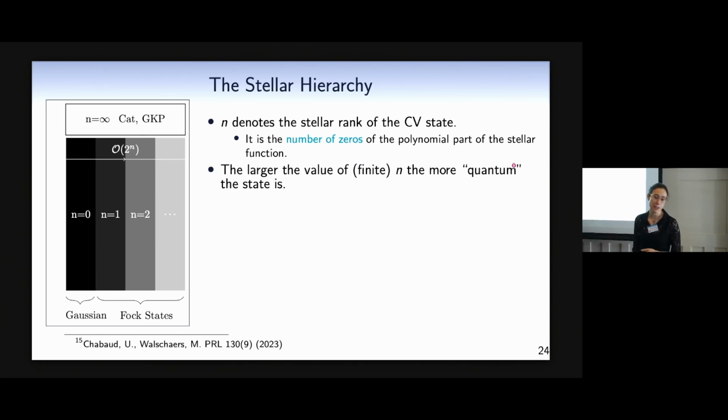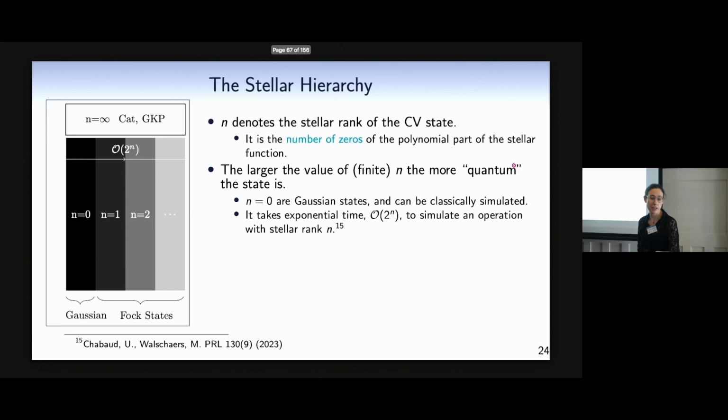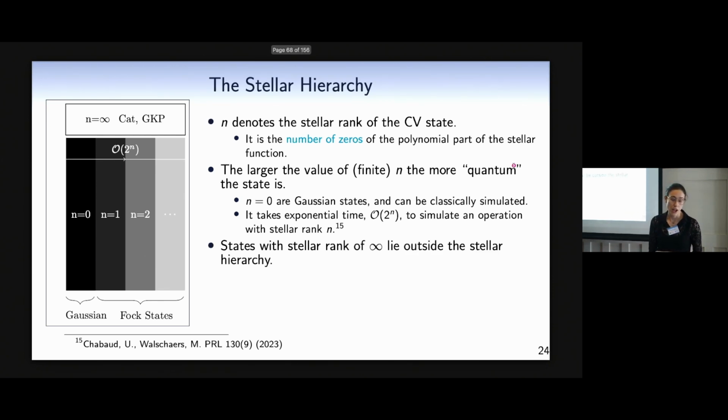The larger the value of n, the more quantum a state is. n equals 0 are Gaussian states, which can be classically simulated. What I mean by more quantum is that, in general, as your stellar rank increases, it's going to take exponential time to classically simulate these operations and states. And that occurs for a generic CV quantum state. If it's separable in certain ways, it can be much simpler to simulate.